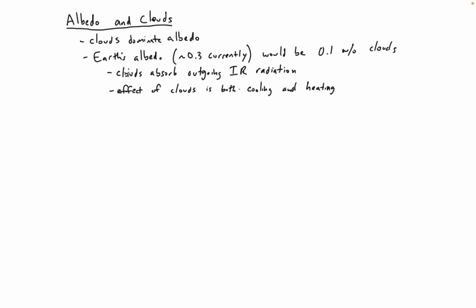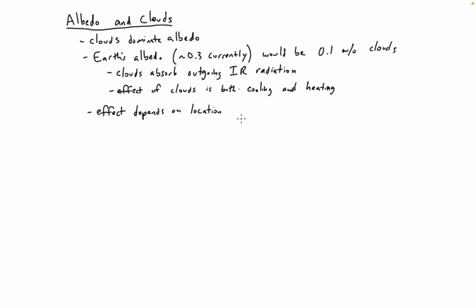And clouds, it turns out clouds are one of the biggest unknowns in climate models, projecting what's going to happen as greenhouse gases increase. And that's in large part because the effect of clouds depends on their location.